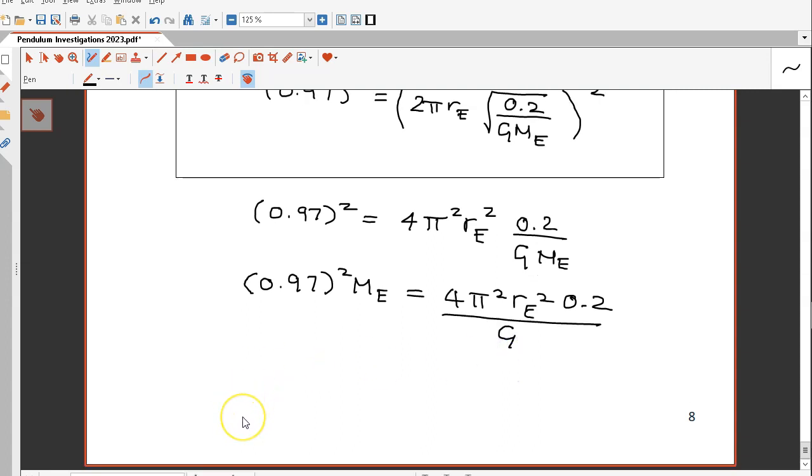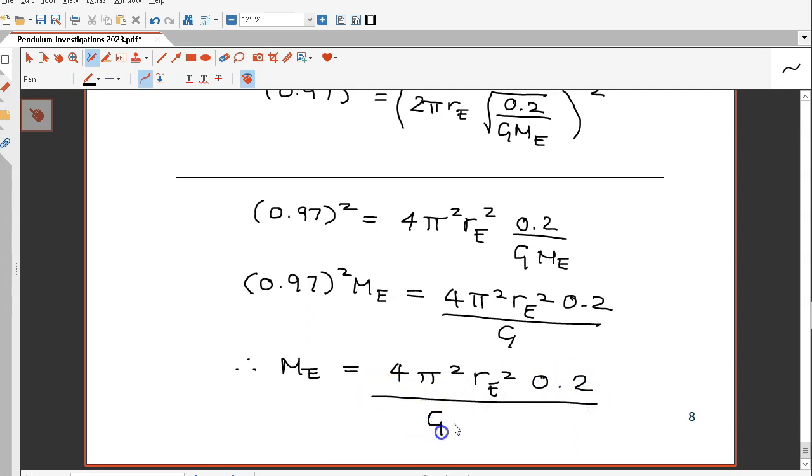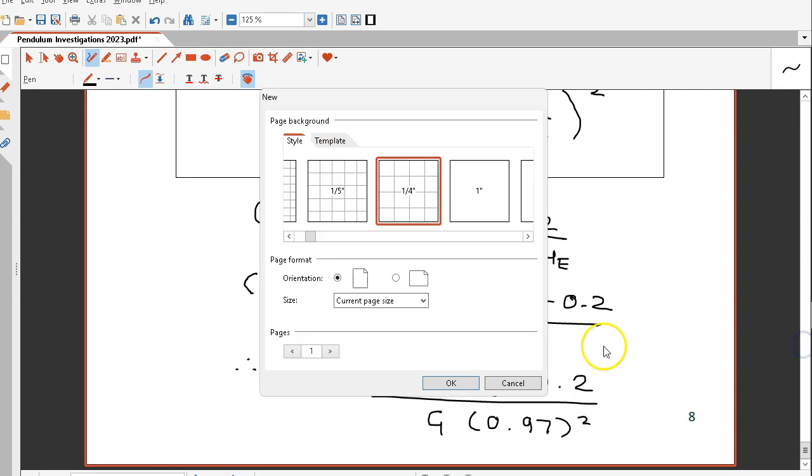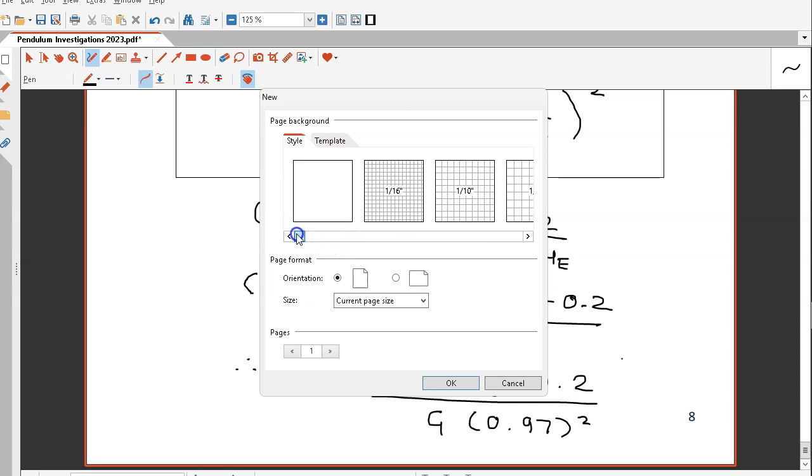And now we can divide both sides by 0.97 squared. And if we calculate that out, we can measure the weight of the Earth. So let's keep going with that.